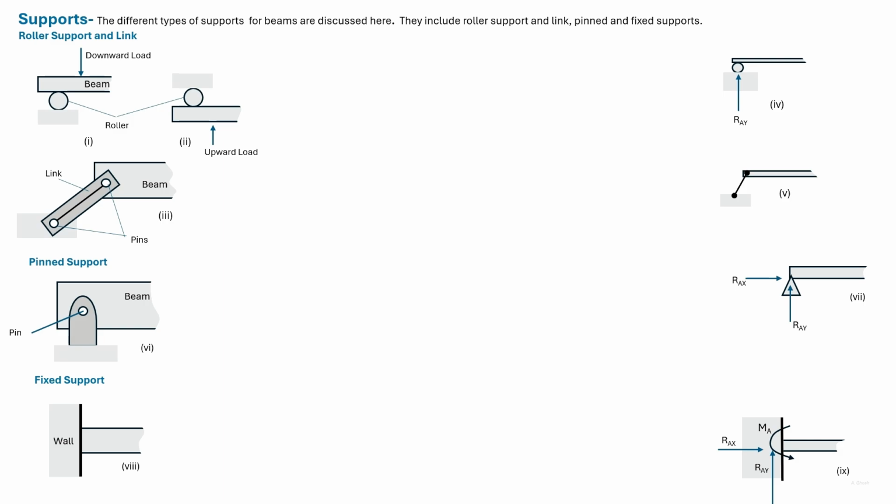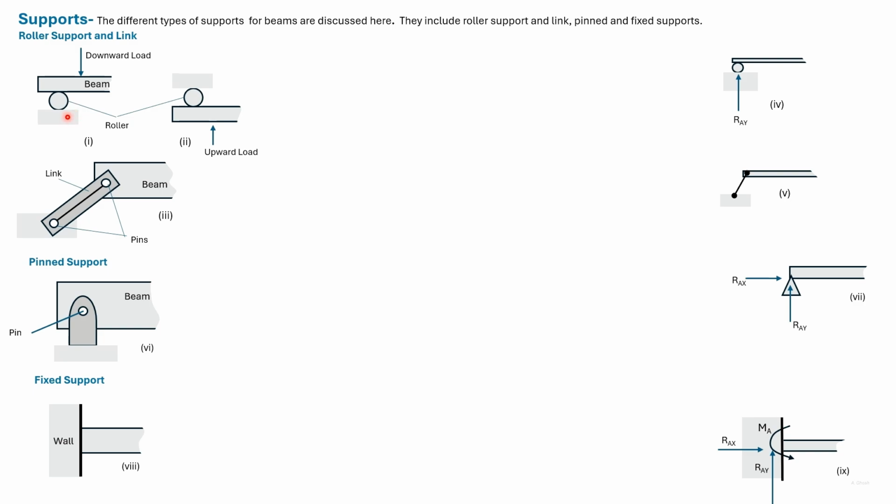Here we discuss different types of supports. So we discuss roller support and link. Then we discuss pin support and then fixed support. A roller can only react with a force perpendicular to its tangent on the surface.